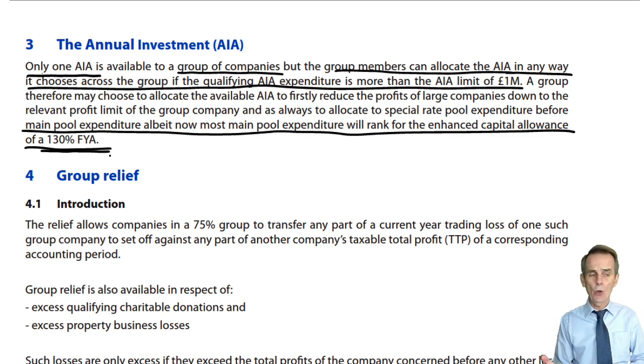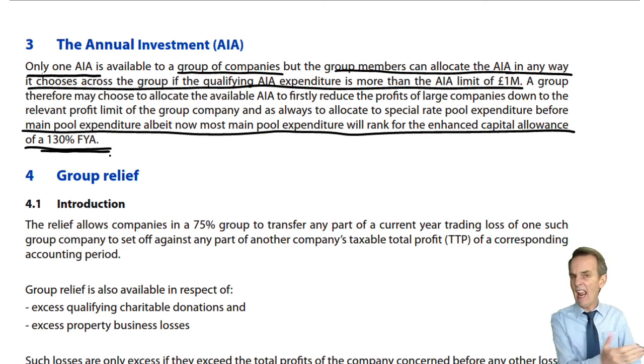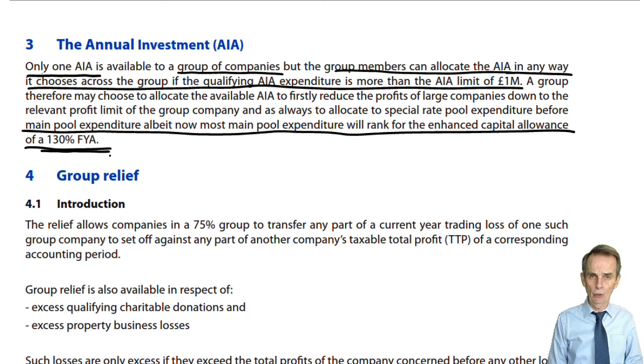Now, as we know, if there are 5 members of the group for this purpose, parent company and, let's say, 4 wholly owned subsidiaries, we do not have to split the £1 million evenly, dividing by 5 and giving £200,000 to each company. No. We can split it any way we want. If we want the whole £1 million to go to just one company, whatever split we want, we can choose to do that.